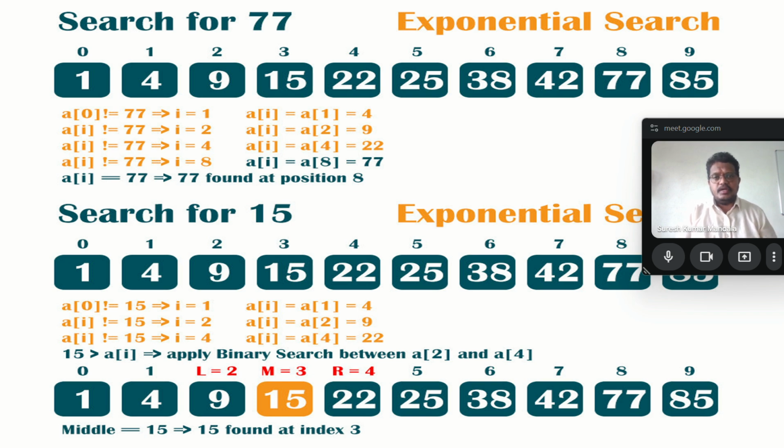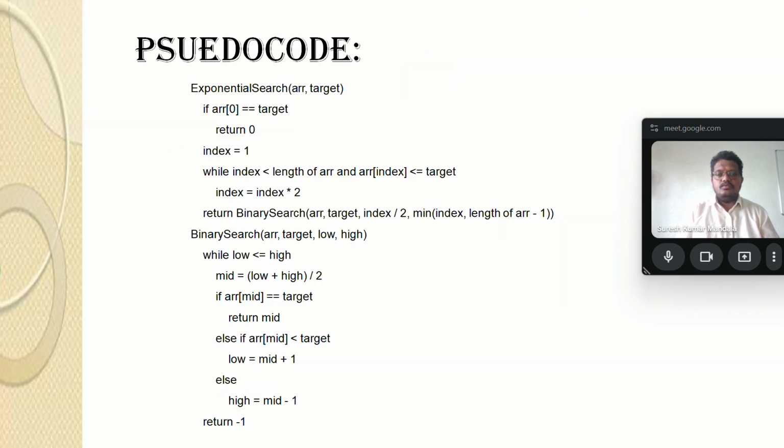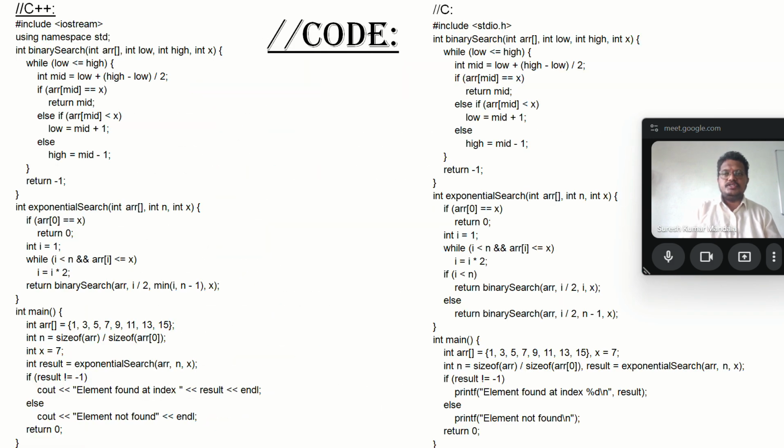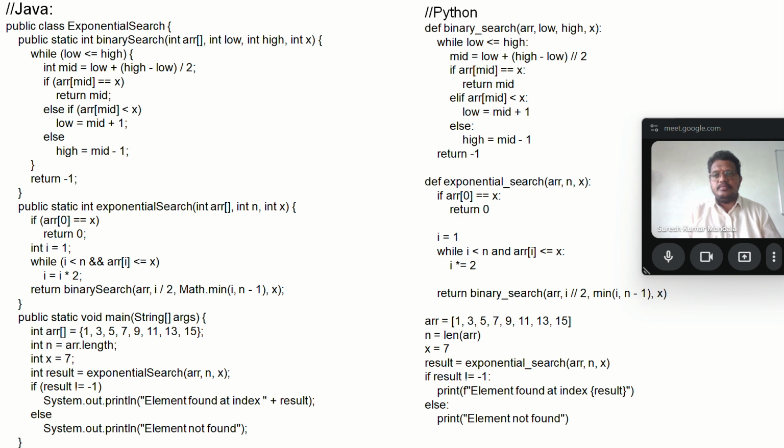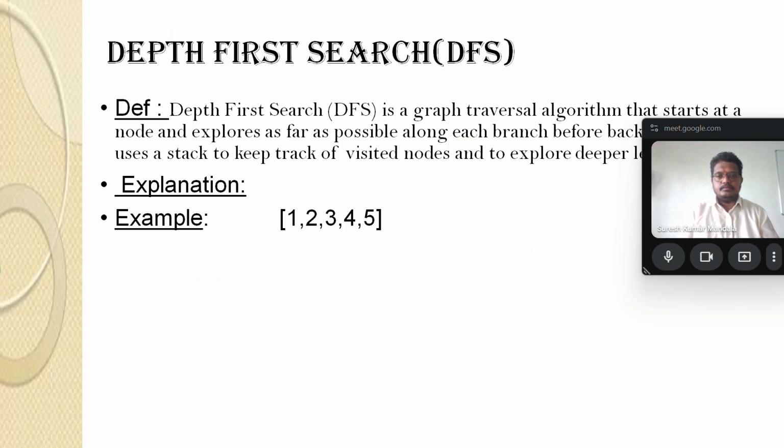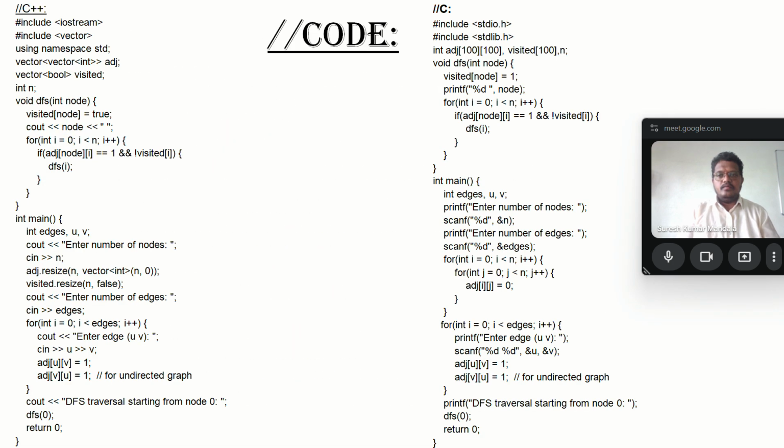Like that it will keep increasing and then implement binary search. This is most useful for large data sets only. You have to practice, write your own code, own algorithm, own implementation in C, C++, Java for execution. So everything will be presented.